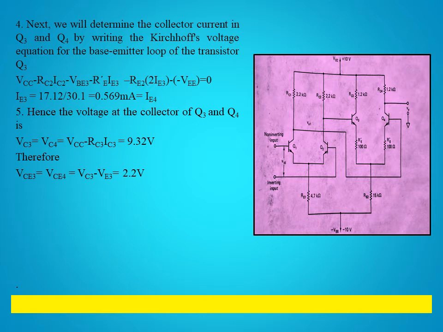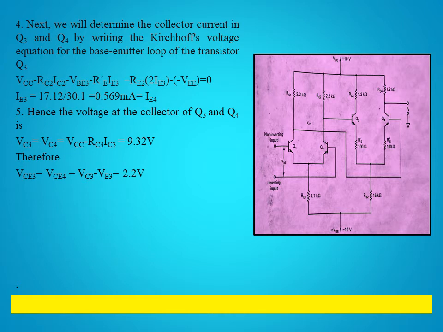It comes out to be 9.32 volts. Next we calculate VCE3. VCE3 and VCE4, because both the transistors are taken almost identical, will be similar to VC3 minus VE3. By putting the respective values, we get VCE3 as 2.2 volts.